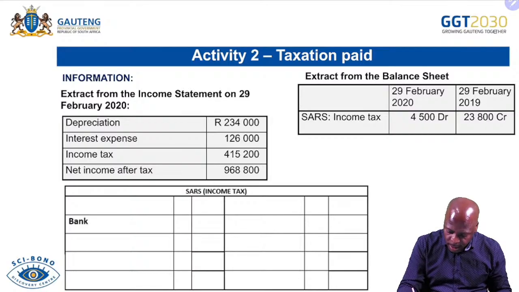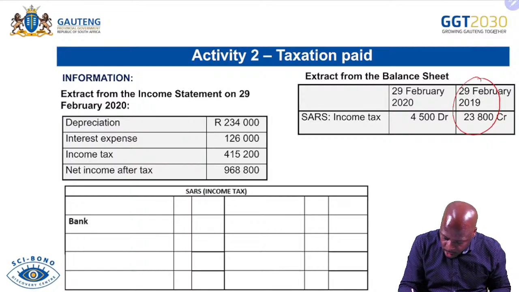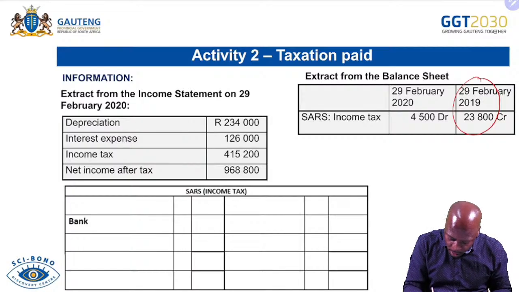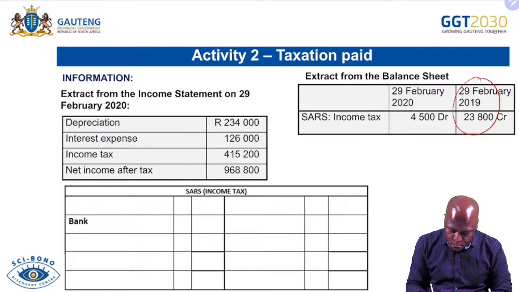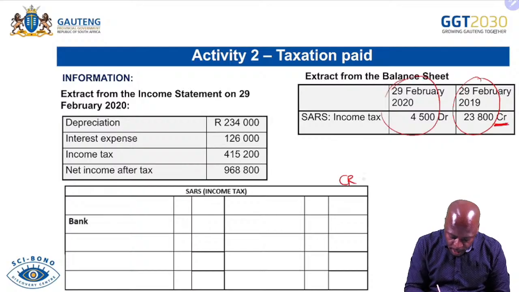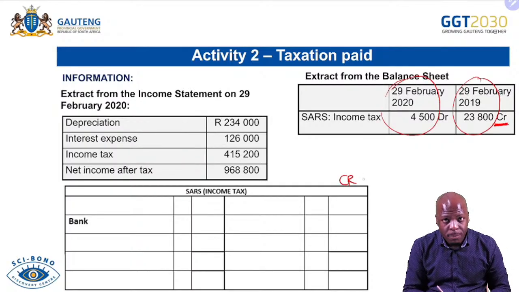Remember, 2019 is the opening balance, 2020 is the closing balance for this financial year. And in 2019, the balance is credit. Remember, this is my credit side and this is my debit side. So in my SARS income tax, this bank is cast in stone. It doesn't move. It must always be on the debit.